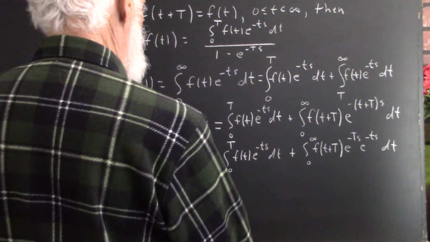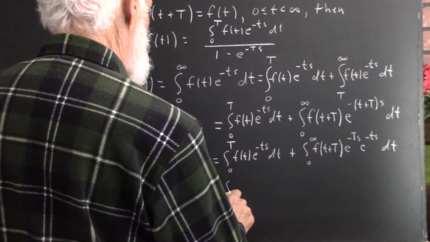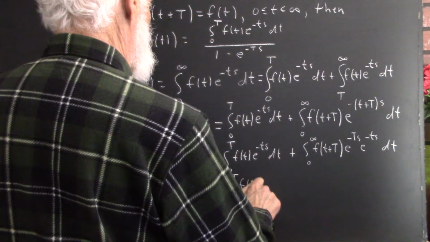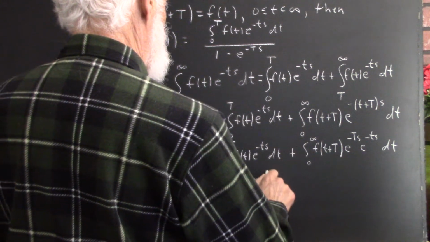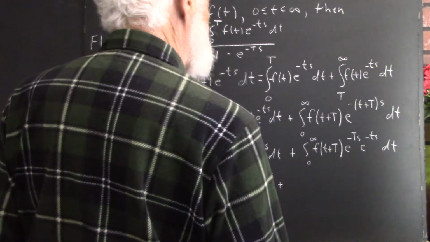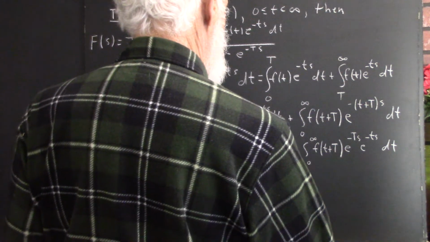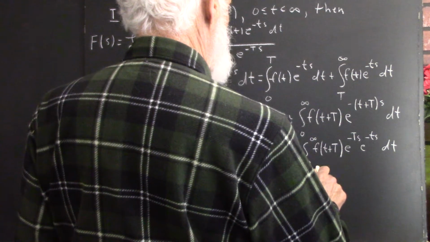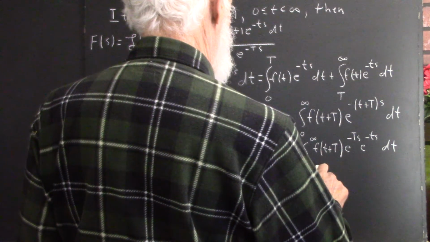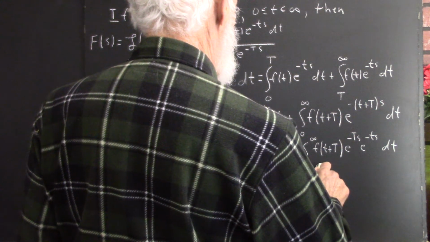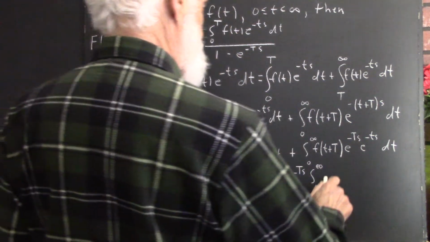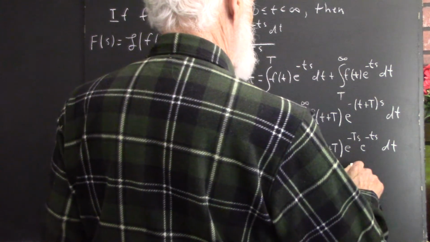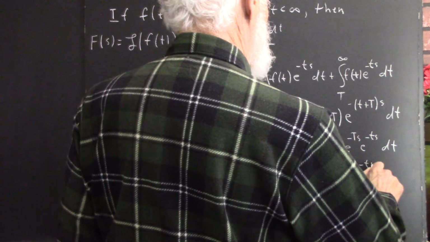So this is then going to be the integral from 0 to capital T of little f of t e to the negative ts plus e to the negative capital Ts times the integral from 0 to infinity of f of t plus capital T e to the negative ts dt.